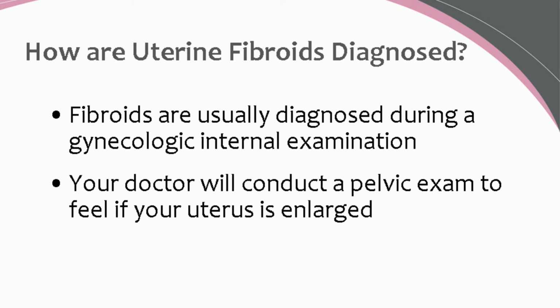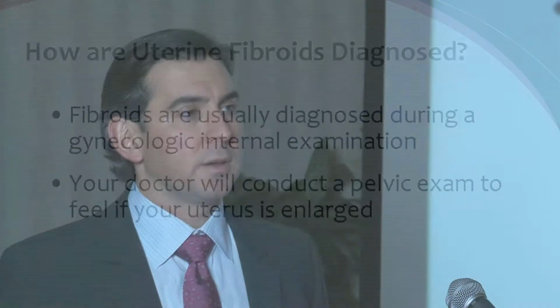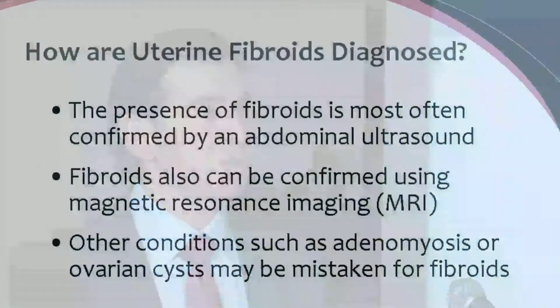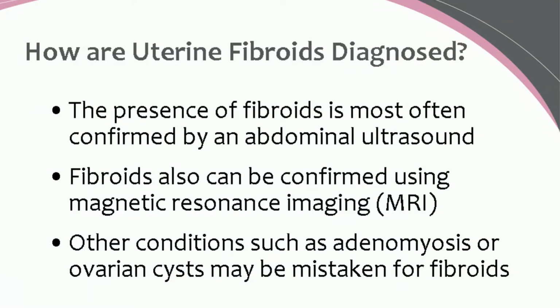Fibroids are usually diagnosed first by the gynecologist, who does a physical exam and a pelvic exam and can usually feel the fibroids if they're big enough. Usually after that, the doctor will send you for some sort of imaging, and the first line of imaging is most often a pelvic ultrasound.